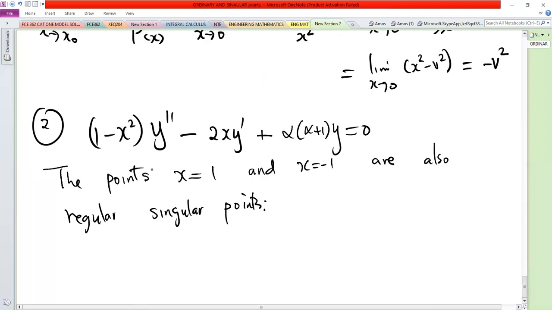Now we can demonstrate for the point x equals 1 to show that one.